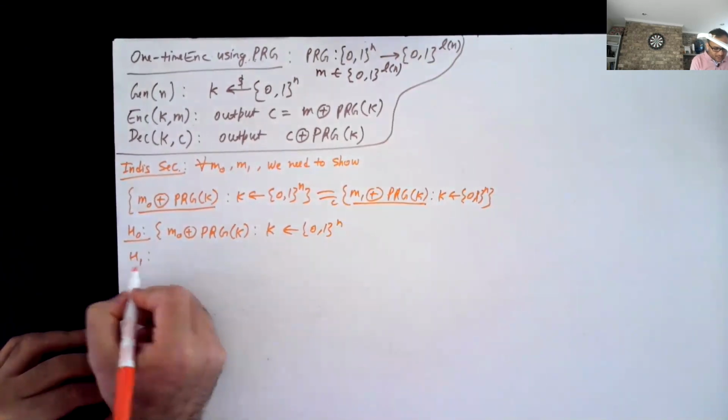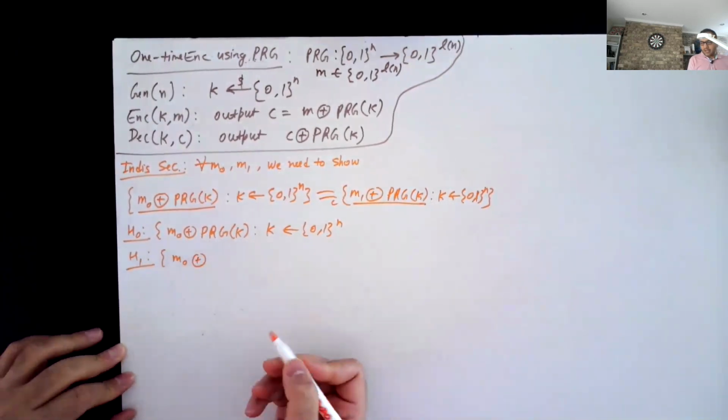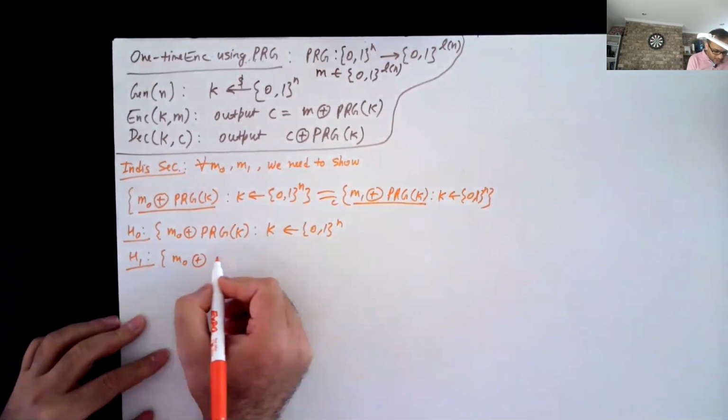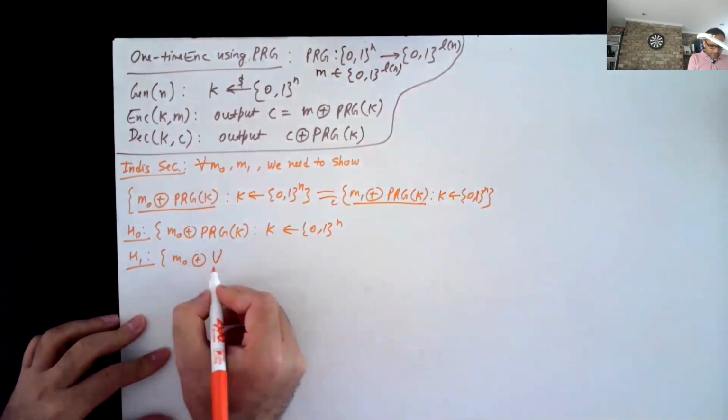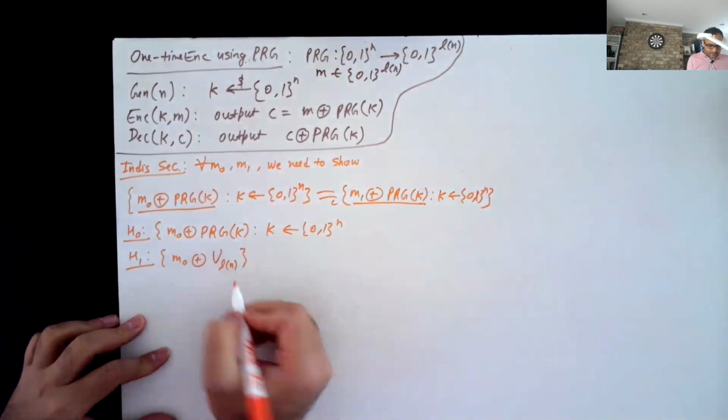Hybrid 1 is M0 XOR, let's call it U_L, the uniform distribution on L(n) bits.